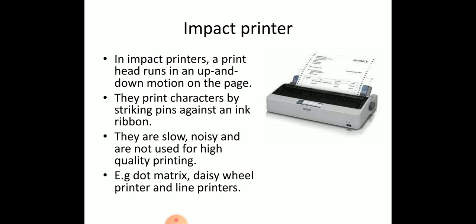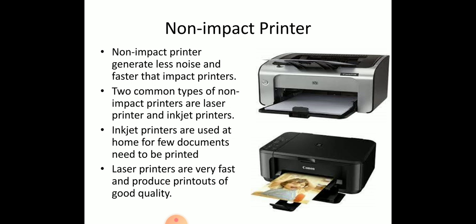Suppose you type a letter H, it strikes on the ink ribbon and prints in the form of dots. It displays H but in the form of dots and it's very noisy. Examples of impact printers are dot matrix printer, daisy wheel printer and line printer.